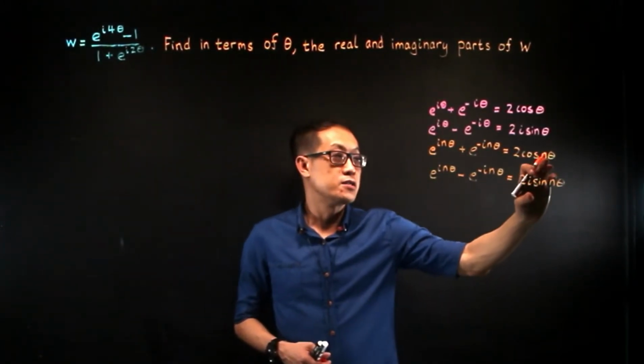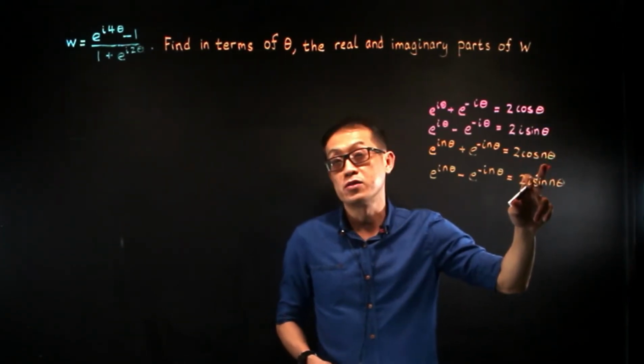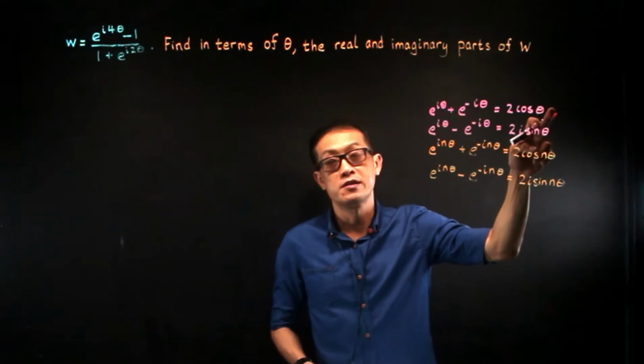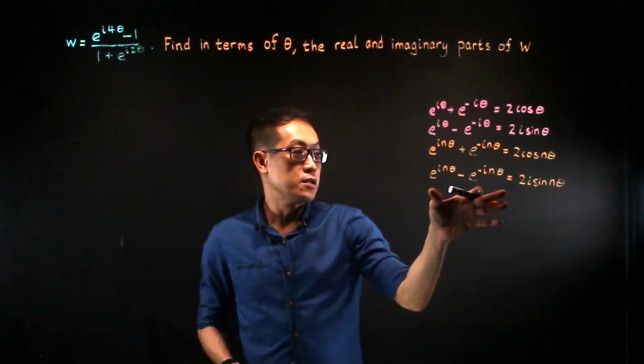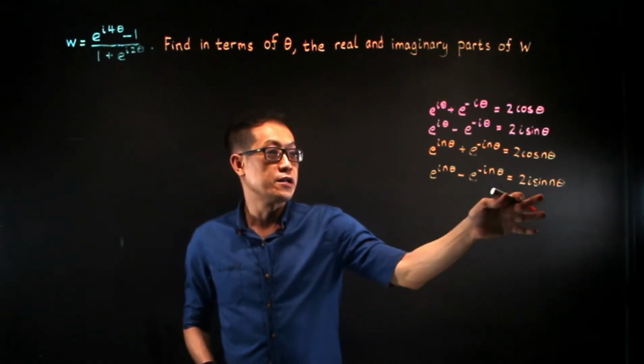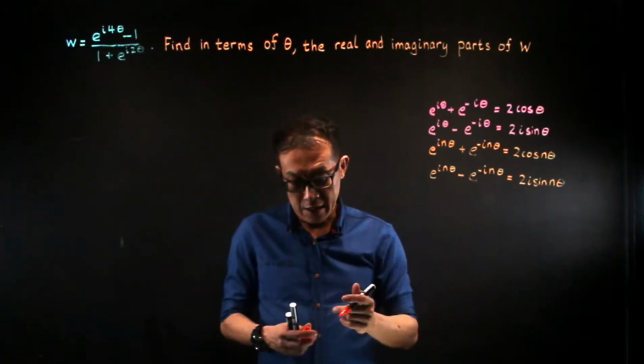Now you realize that the third and first are actually similar, because when n is 1, you will get the first equation. For the fourth equation, the last one, when n is 1, you get the second equation.